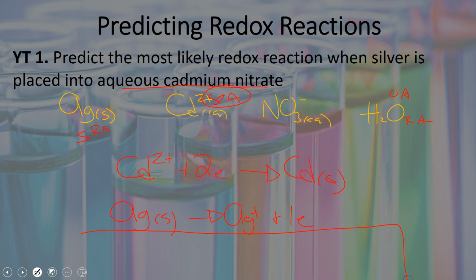To write my net redox reaction I need to balance the electrons, so I multiply this by 2, and the electrons cancel each other out. Then I summarize reactants and products: cadmium 2+ aqueous reacts with 2 silver solids to produce 2 silver aqueous and a cadmium solid. The last thing you should do is predict spontaneity.